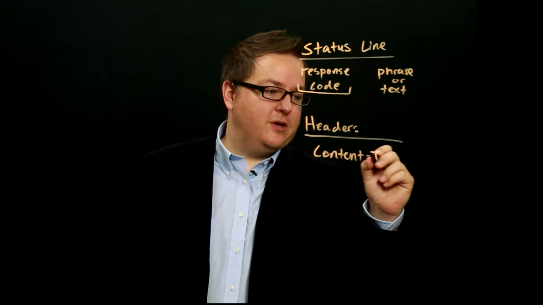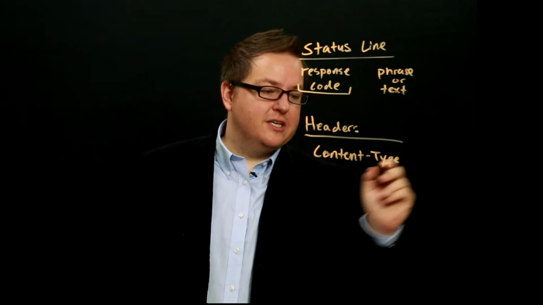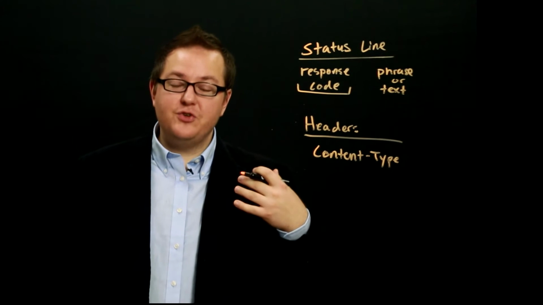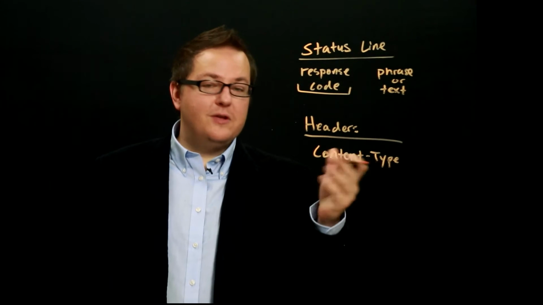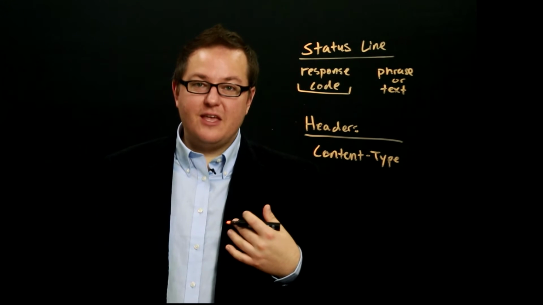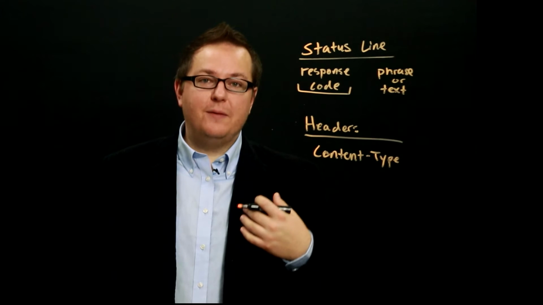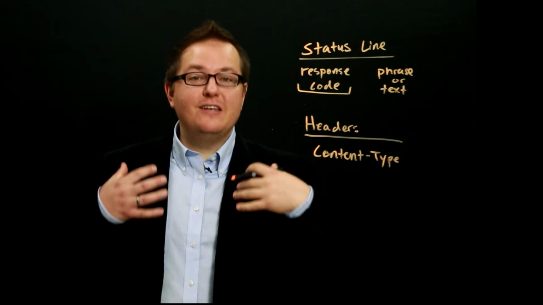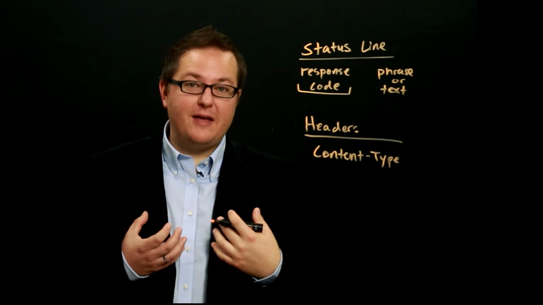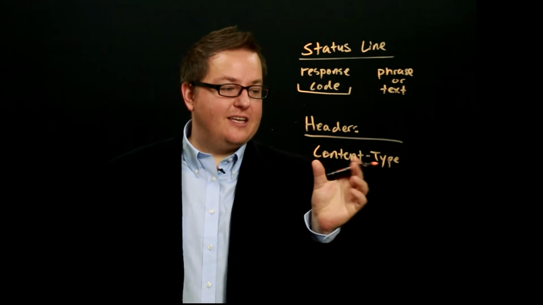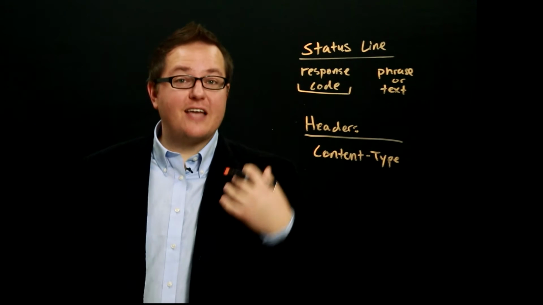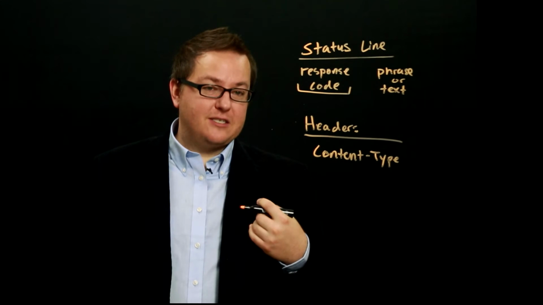This is a really critical piece of information to the client because the client needs to know, what are you giving me? What is the format of it? We would like to not necessarily hard code and assume a particular format. In many cases, we end up hard coding and assuming a particular format, but it's better if we can look at the content type and decide the format for the body of the message.